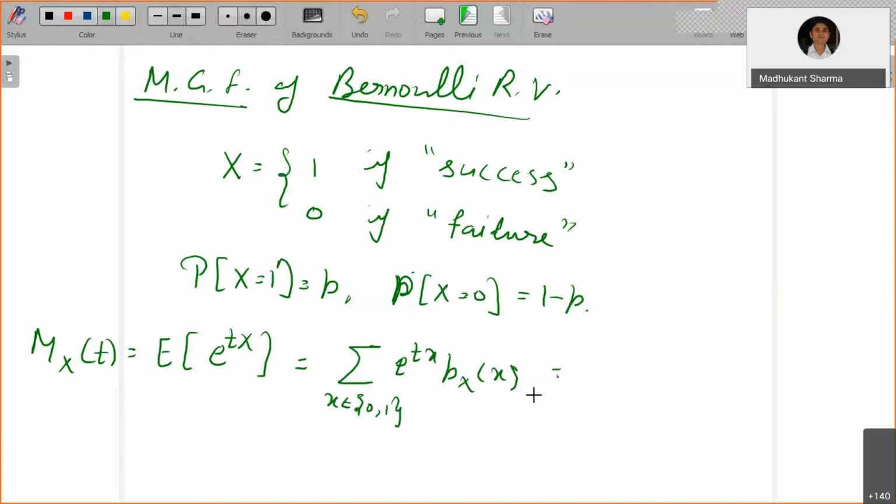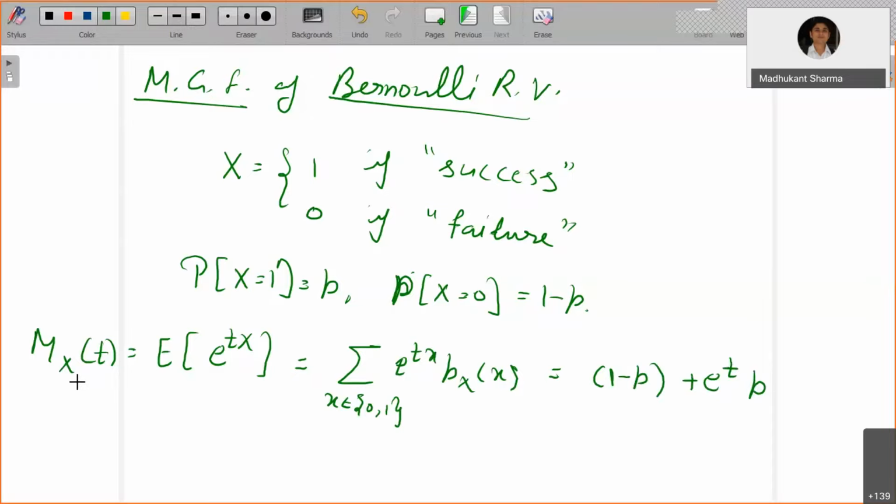So e to the power 0 is 1, right? So it is (1 minus p) at x equals 0, plus at x equals 1, e to the power t and p. So this is the moment generating function for Bernoulli random variables.